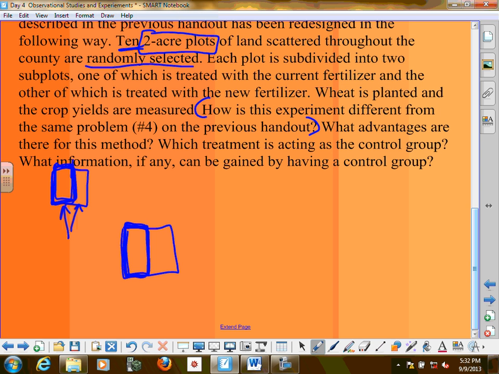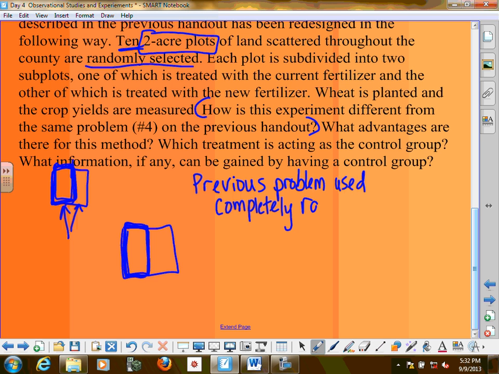Okay, so the previous problem used a completely randomized design. Okay?